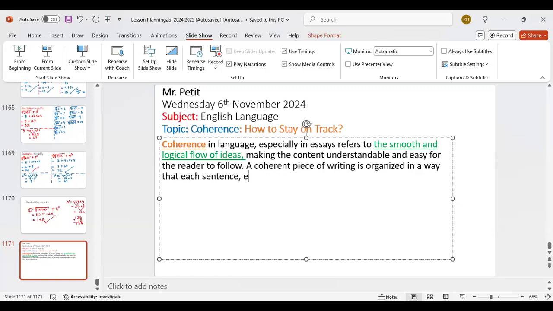Each paragraph and section contributes to the overall clarity and effectiveness of the communication. It's probably the most important line here.